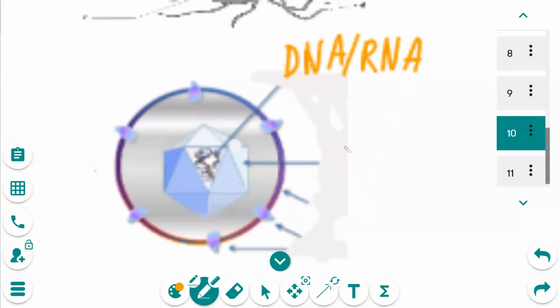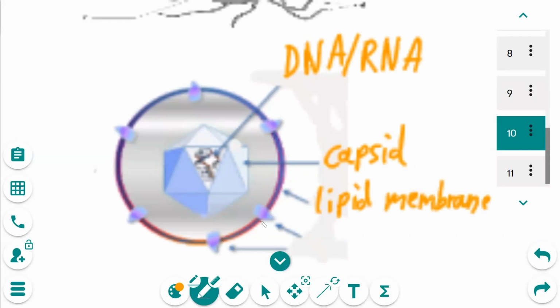Here we have a protein coat around the DNA or RNA, which is called a capsid. Then this here is the outer lipid membrane. And these here are commonly known as spike proteins or outer proteins.